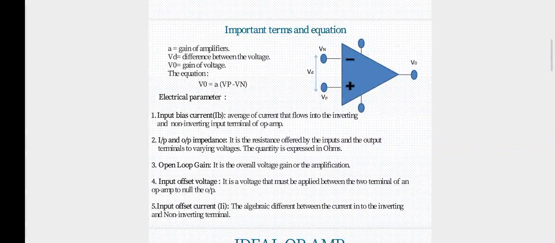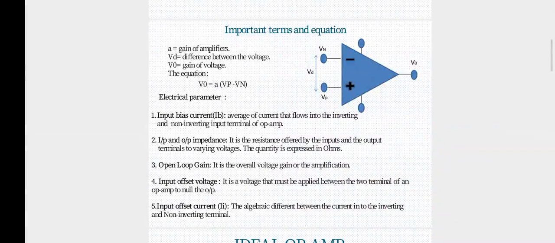So what is input bias current? It is the average of the current that flows into the inverting and non-inverting terminals of the op-amp. Then the impedance of the input and output terminals is the resistance offered by the input and output terminals to varying voltages. The quantity is expressed in ohms.